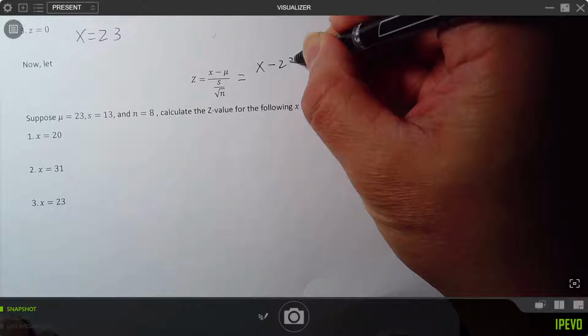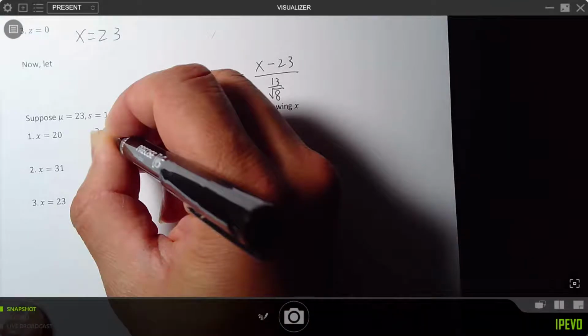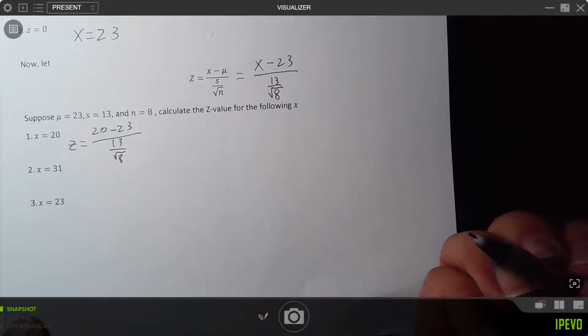The process is very simple. Plug in x, and then finish everything in the calculator. So for example, number 1, I have z equals 20 minus 23 over 13 over root 8. Depending on what calculator you have, you could do this in two steps: figure out the numerator and then the denominator.